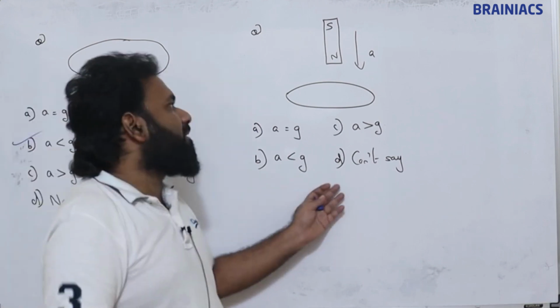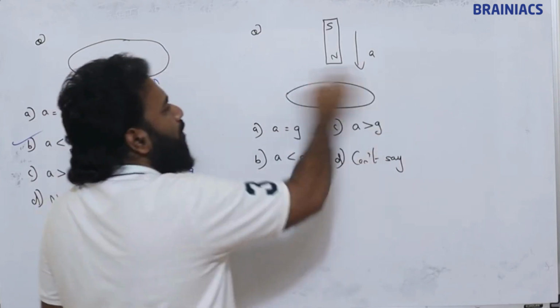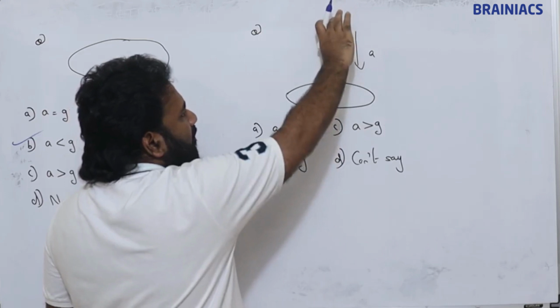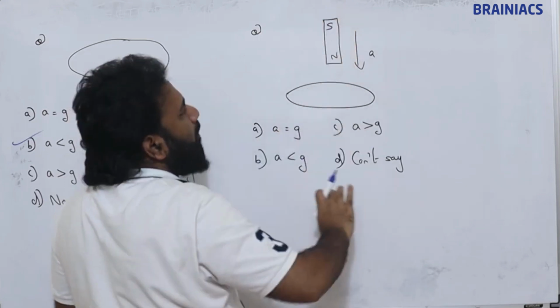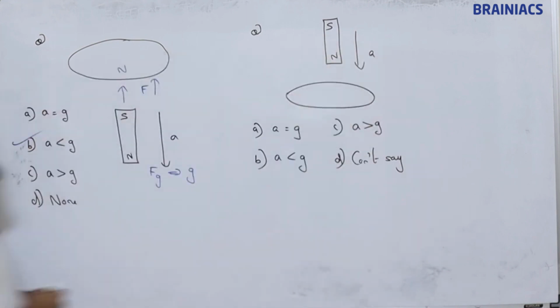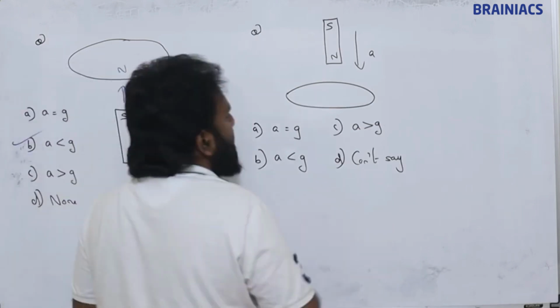What about this case? Here this is a loop, and this bar magnet is falling through this loop. So when it is coming like this, with what acceleration will it come? Pause the screen and try yourself. What is the answer?